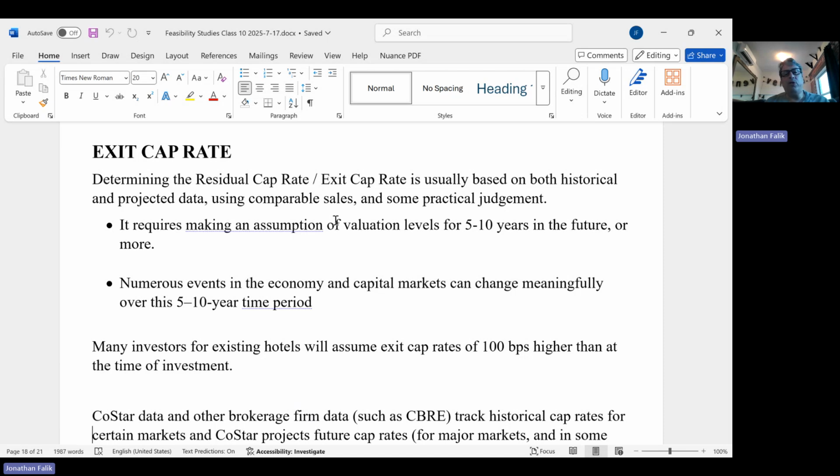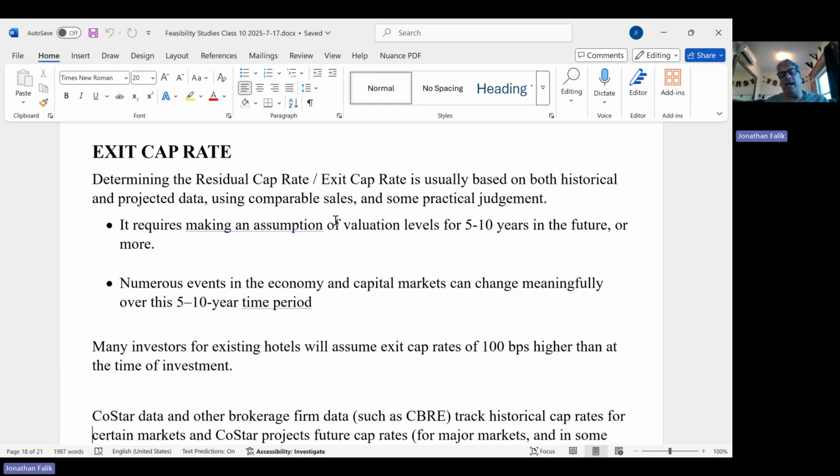And as we know, numerous things in the economy and capital markets can change over a 5 to 10 year period, right? There could be things like COVID. There could be things like recessions, big increases in interest rates, economic ups and economic downs. A lot of investors just cheat, right?